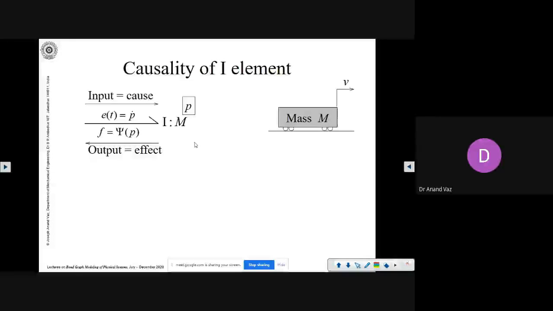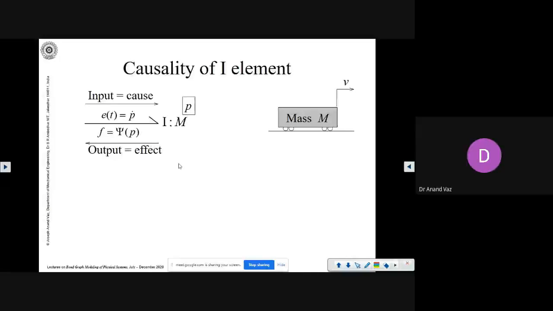For this causality, the constitutive characteristic of the I element plays a role. So you're applying a force on this I element, on this mass. Let's assume that you have a tennis ball and you're applying a 10 Newton force on it. So the tennis ball will move a certain distance.